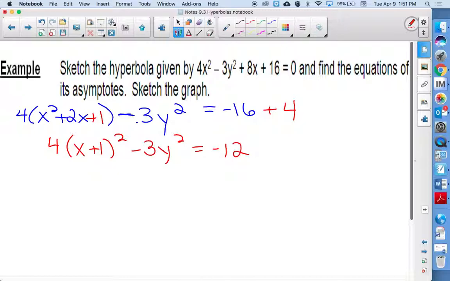Divide by the negative 12. Yeah, we have to divide by negative 12. It's okay that it's negative. It doesn't always have to be positive, especially now that I have negative signs in the problem. When you divide, the positive term goes in front. Which term would be positive, Brandon? Right, the y squared.